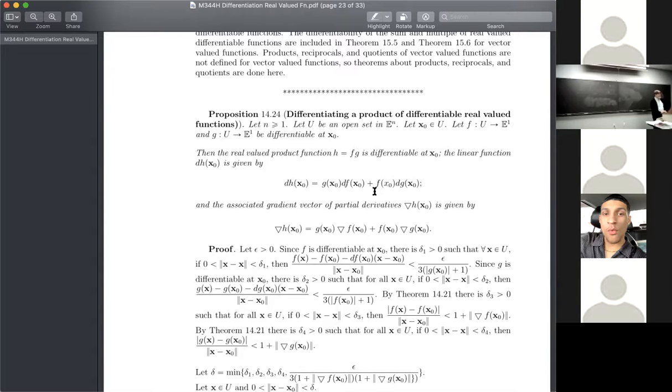It's exactly the same idea, except now, what is this df thing and what is this dg thing? Okay, well, the df thing is a vector of partial derivatives, and the dg thing is a vector of partial derivatives.